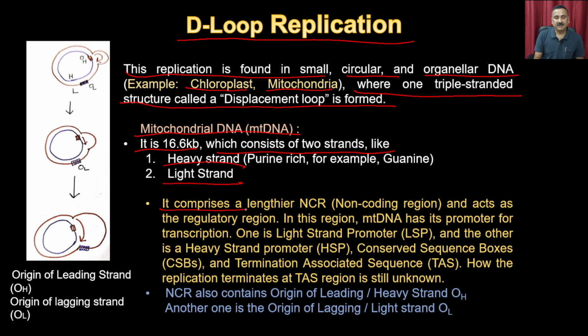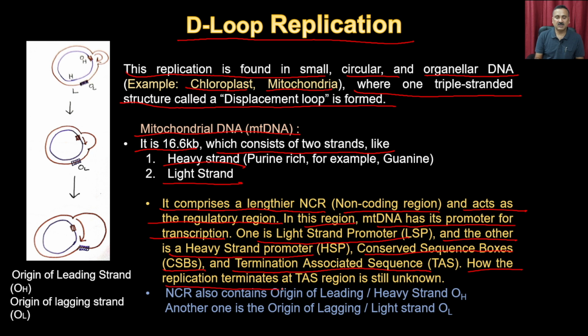It comprises a lengthier NCR, or non-coding region, which acts as the regulatory region. In this region, the mitochondrial DNA has its promoters for transcription. One is the light strand promoter and the other is called the heavy strand promoter, or HSP. Conserved sequence boxes, CSBs, and the termination associated sequences are also present.